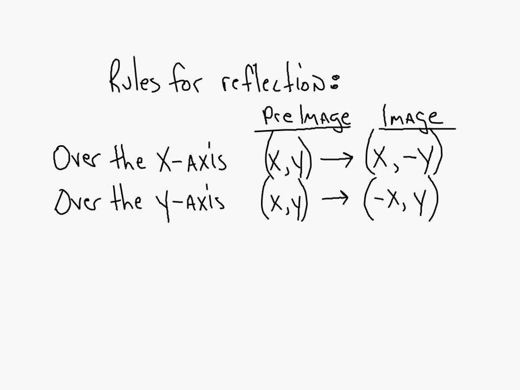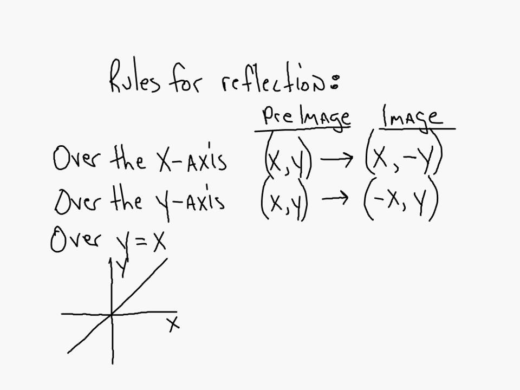And if you have to reflect an image over the line y equals x, all right, the line y equals x on a coordinate plane looks like this. That's the line y equals x. If you have to reflect an image over that line, then your pre-image will all have vertices that are at x y.